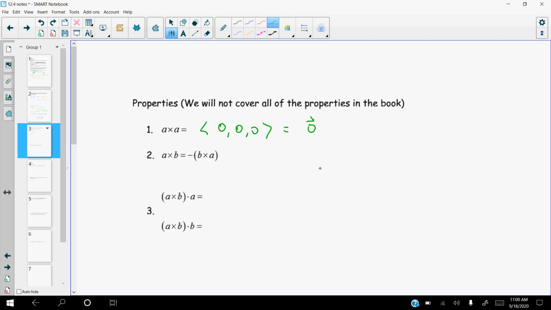So all the signs will be changed. So what that really tells us is that cross products are not commutative. We cannot change the order of the cross product and get the same thing, at least not all the time. There are going to be obviously some examples where that works, but most of the time, no.